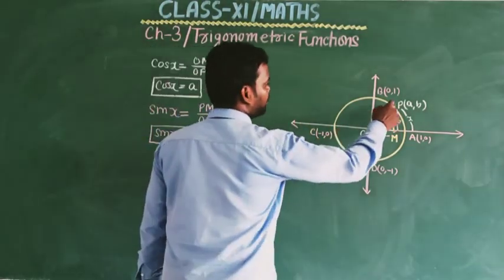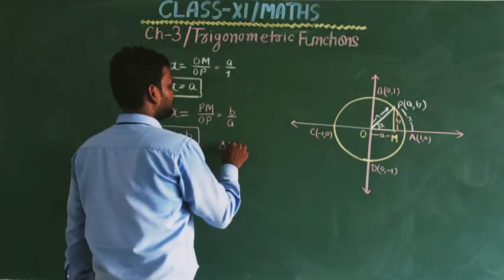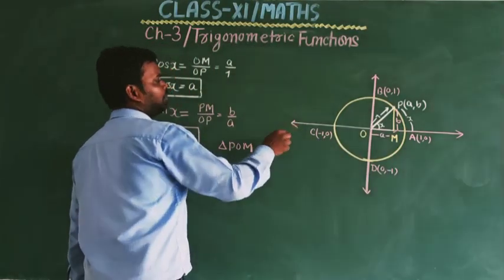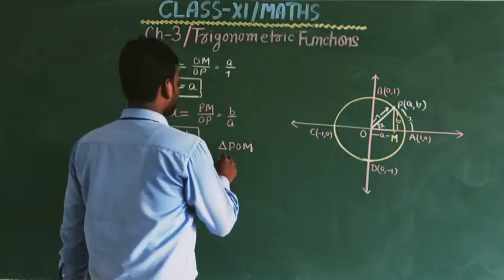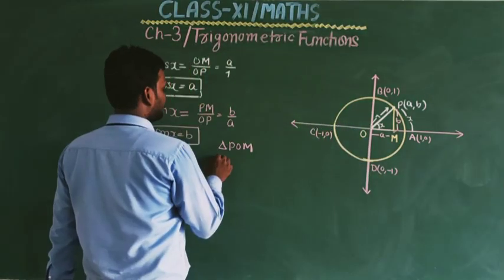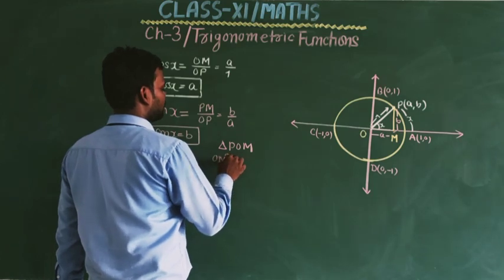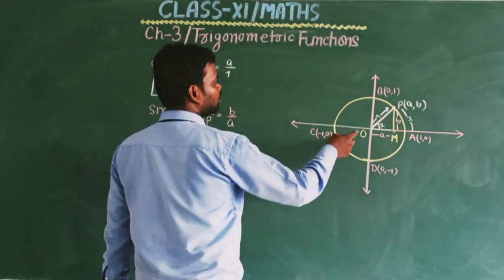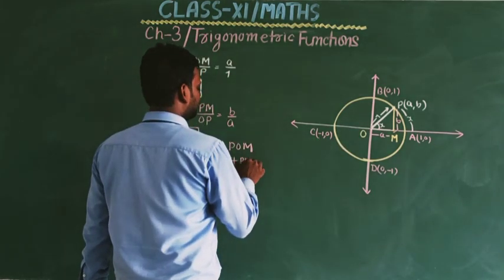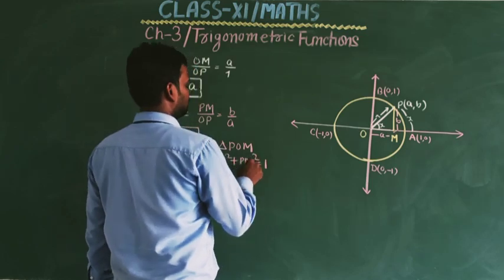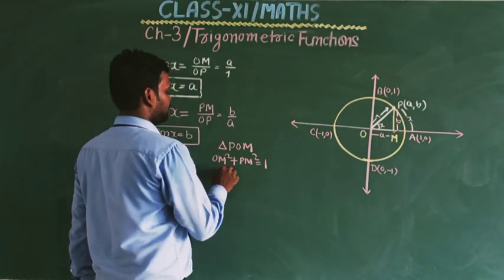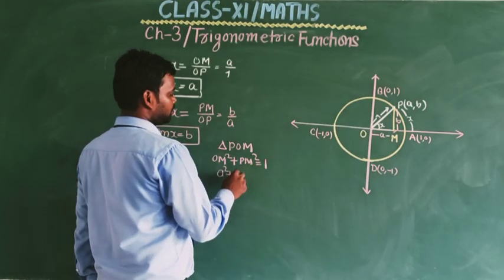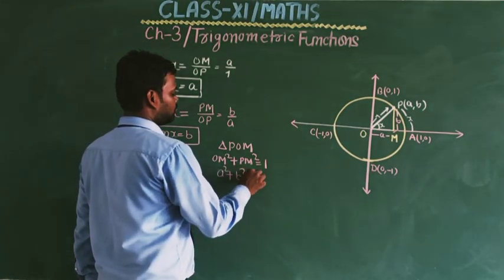Now look at right angle triangle POM, applying the Pythagoras theorem. OM square plus PM square equals 1. OM is a and PM is b, so a square plus b square equals 1.